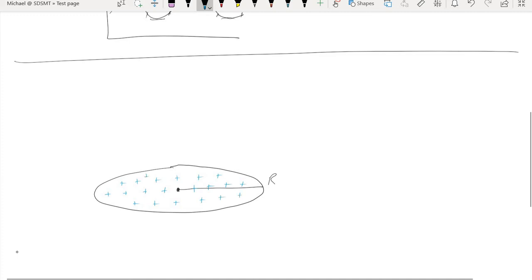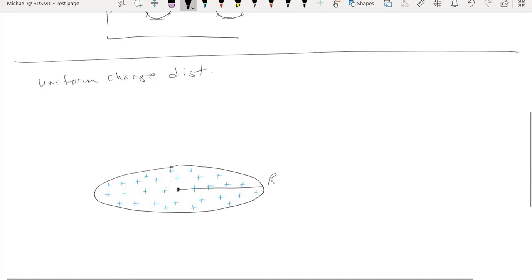So remember, with any conducting material, the charge will uniformly spread itself out about the surface. So we once again have the necessary uniform charge distribution. But this charge is now distributed about a surface area.